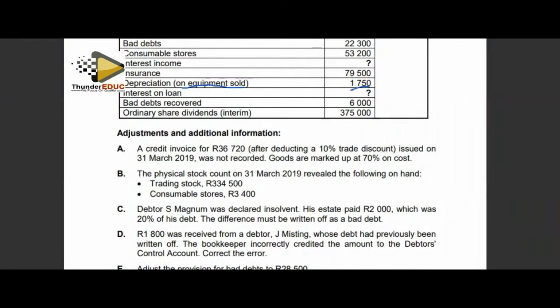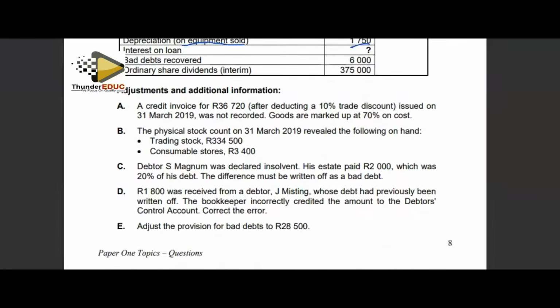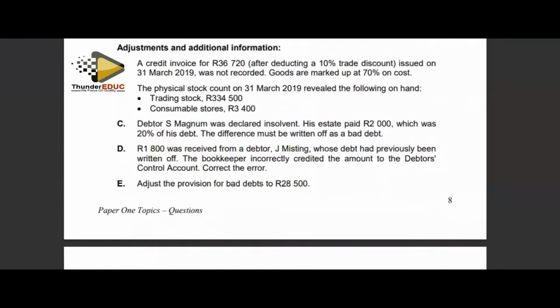So our non-current assets, vehicle, equipment, furniture, machinery, whenever we use them, they lose value. That is depreciation.